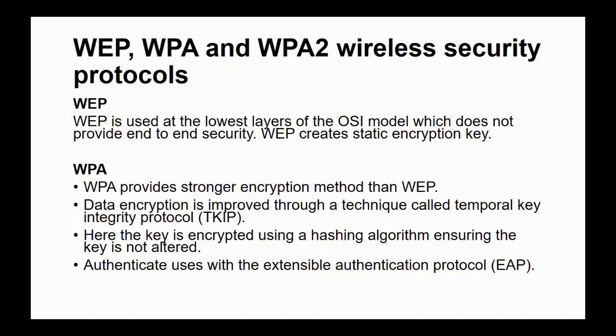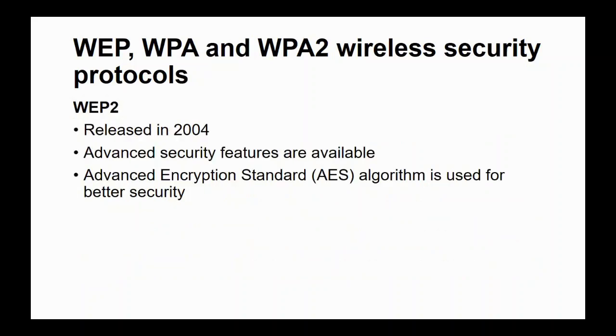The algorithm used is TKIP, and it's known to have only better security than WEP. WPA2 was released in 2004. It has advanced security features. The encryption algorithm is the Advanced Encryption Standard, AES.